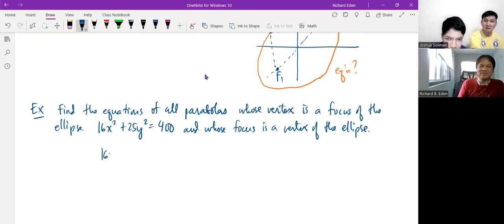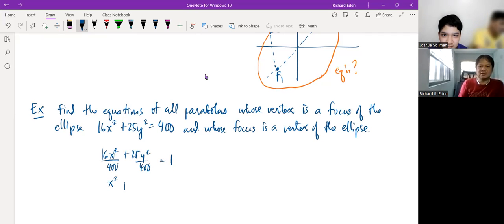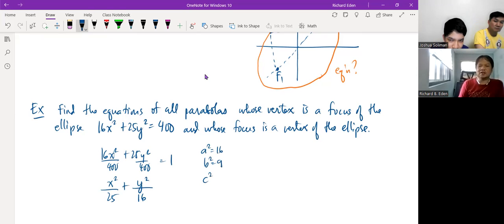Alright. 16 x squared plus 25 y squared over 400 equals 1. And then, fortunately, 16 times 25 is 400. So this is 25 and this is 16. So that means that we have a horizontal ellipse. So a squared is 16, b squared is 9, which means c squared is equal to 16 minus 9, or 7. The center is clearly the origin.